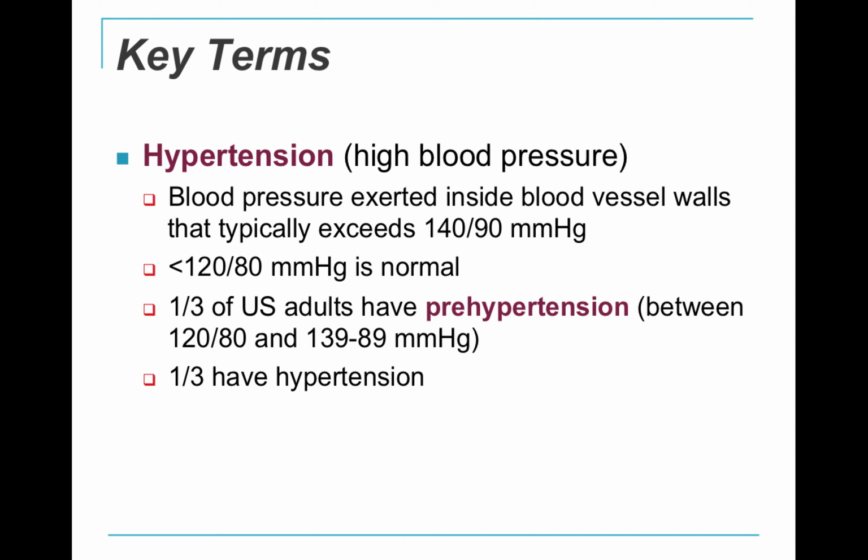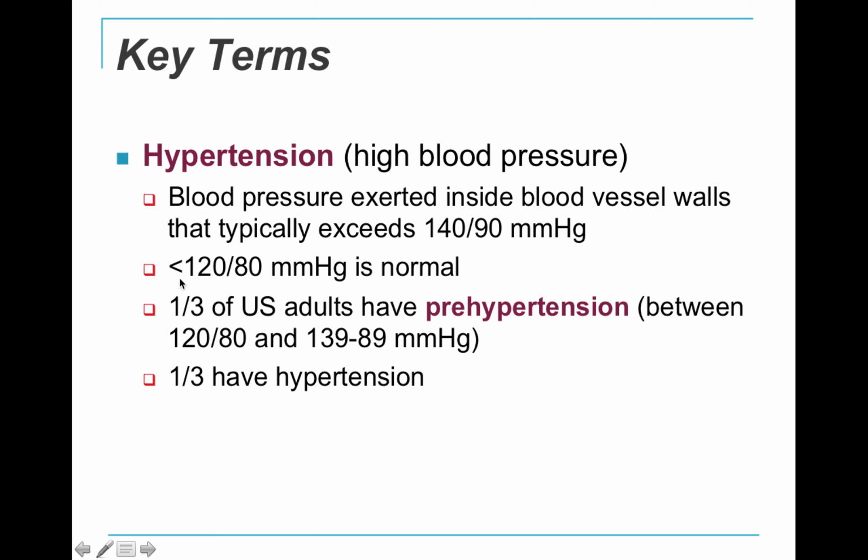And the crazy thing is that a lot of people can't feel that they have hypertension. So it's kind of that silent symptom that people have for heart disease. When you're taking your blood pressure, if you look at the readings, anything that is above or exceeds 140/90 is considered to be high blood pressure.